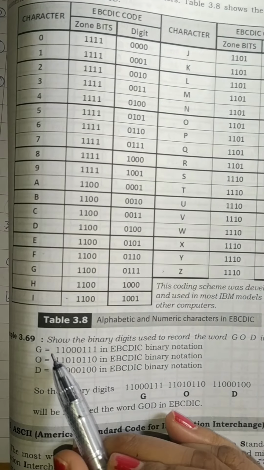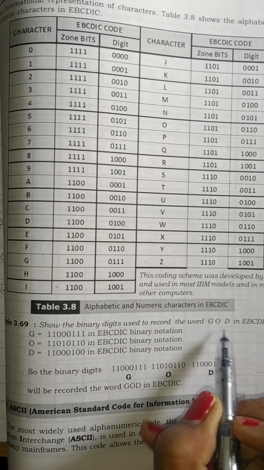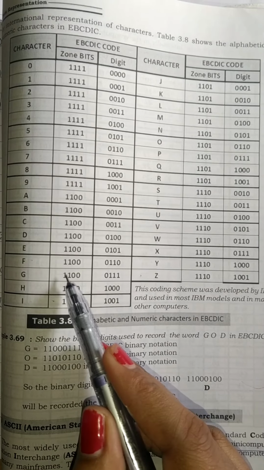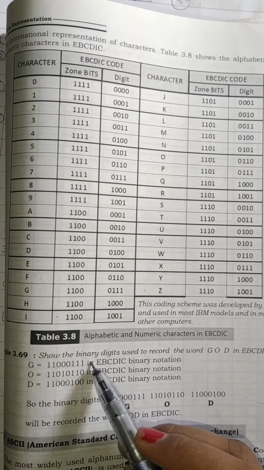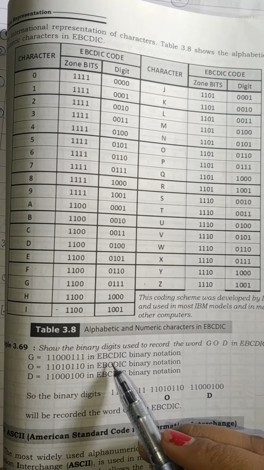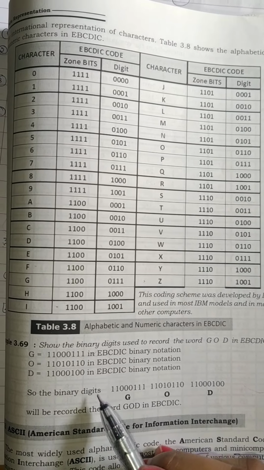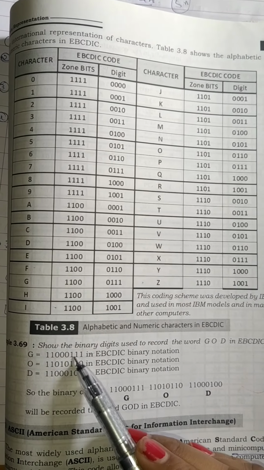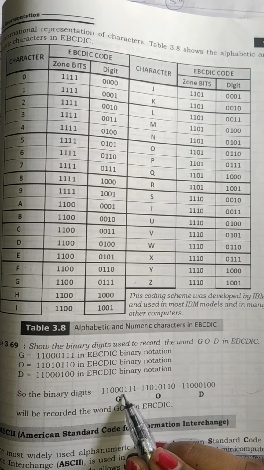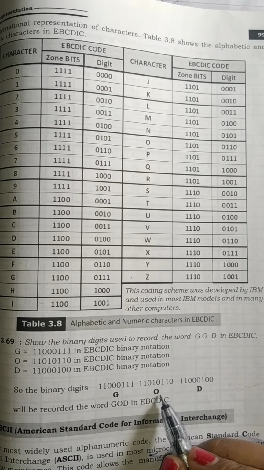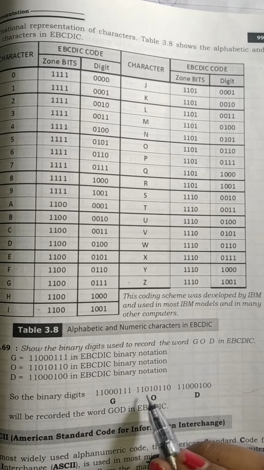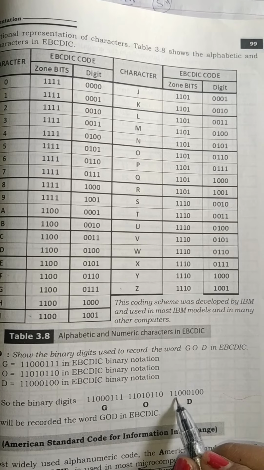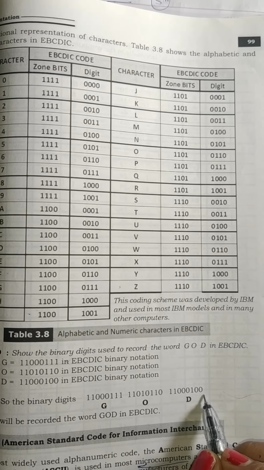So you can see here GOD in EBCDIC format. G can be represented as 11000111 in EBCDIC notation. We have to connect all these 3 values: 11000111, and for O we have 11010110, and for D we have 11000100.